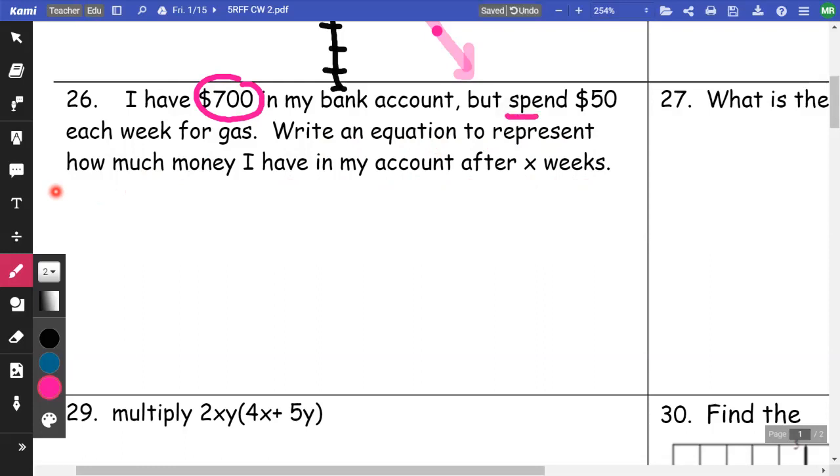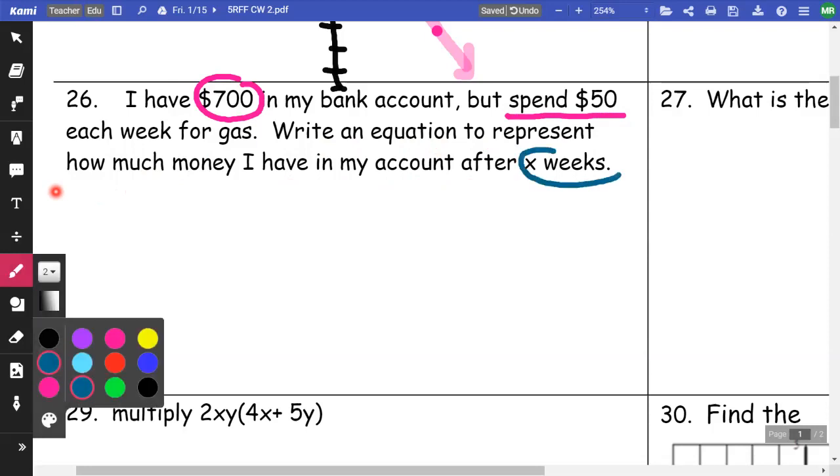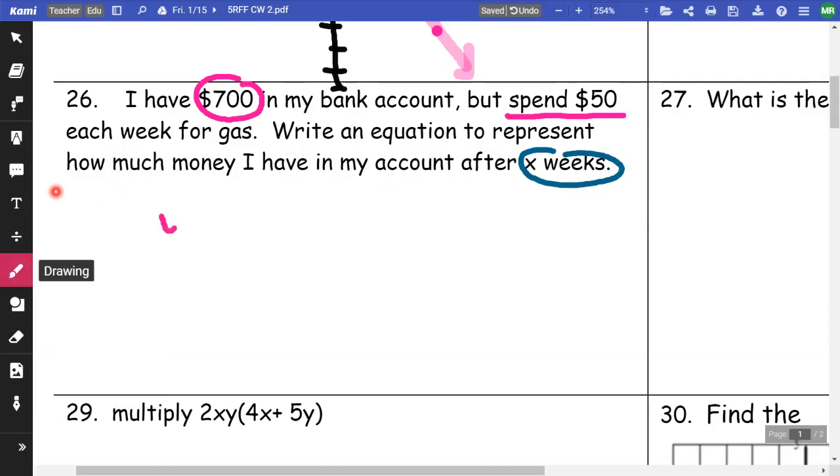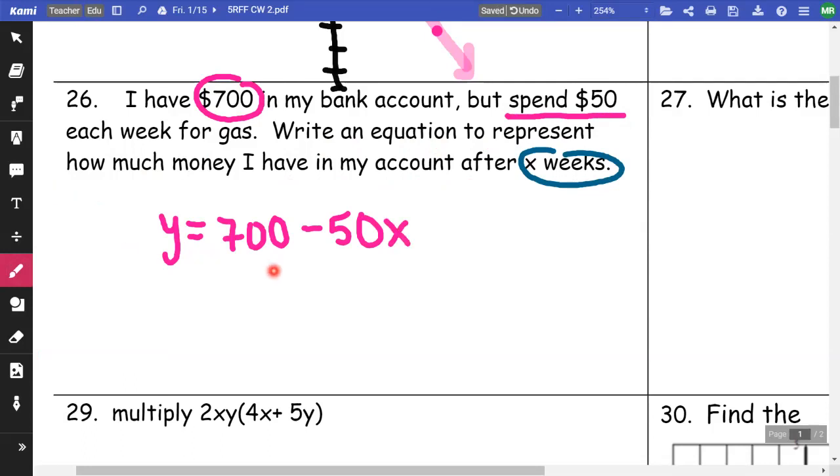I am spending $50 each week, and our x is going to represent weeks. So my equation is going to be y equals, I'm starting with 700. I am minusing 50 every week. That's our equation. Again, this is our start, $700. We're taking 50 off over and over x times.